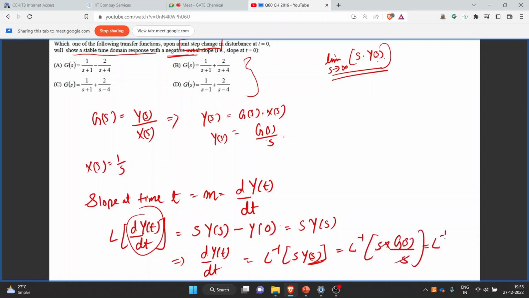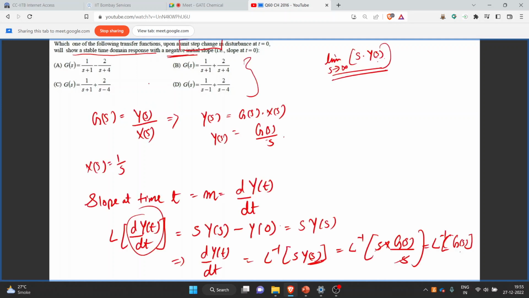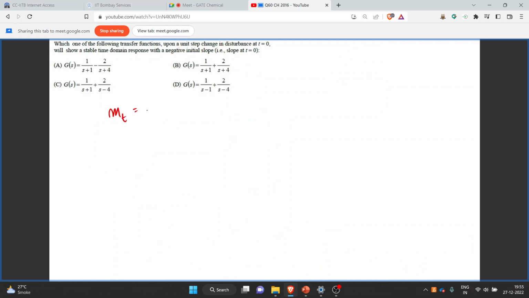So that is the Laplace inverse of the given transfer function. So we found out that the slope of the response of this transfer function at any given time, that is m(t), will be the inverse Laplace of the transfer function.